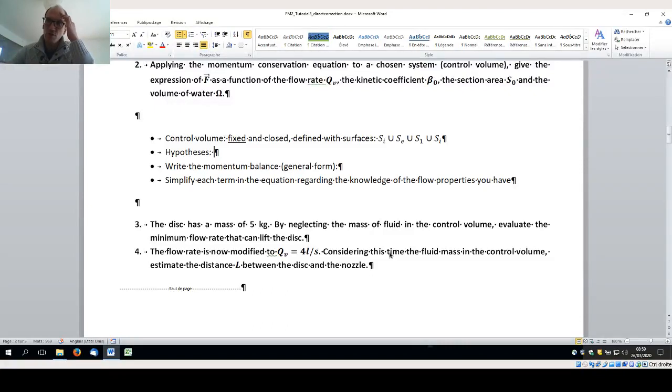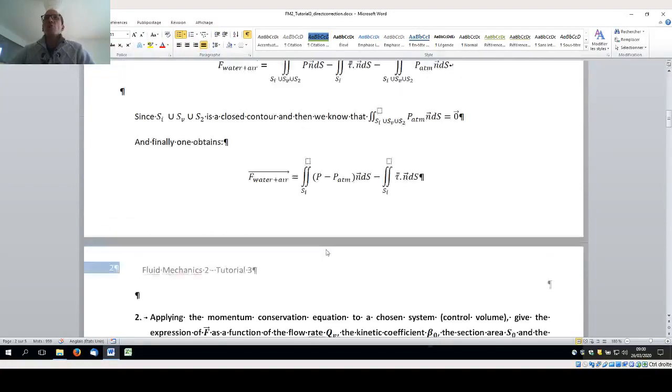For the first question, we did not apply the momentum balance at all. What we have done is just to express, from a fluid mechanics point of view, the force exerted by the fluid on the solid surface, and this force is just surface forces. So that's why there is no gravity appearing in this expression, because for the force exerted by water and air on the solid surface you have no gravity taken into account.